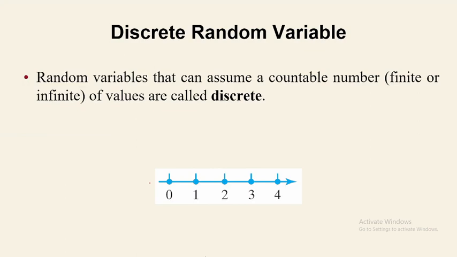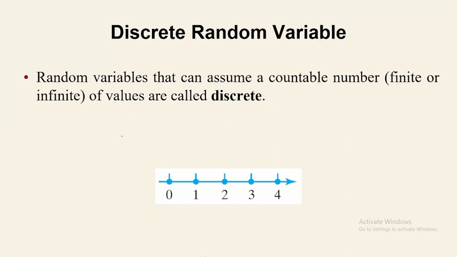Now, random variables can be divided into two cases. One is a discrete random variable and the other is a continuous random variable. So how can we distinguish the discrete random variable from the continuous random variable? A discrete random variable can assume a countable or finite number of values.